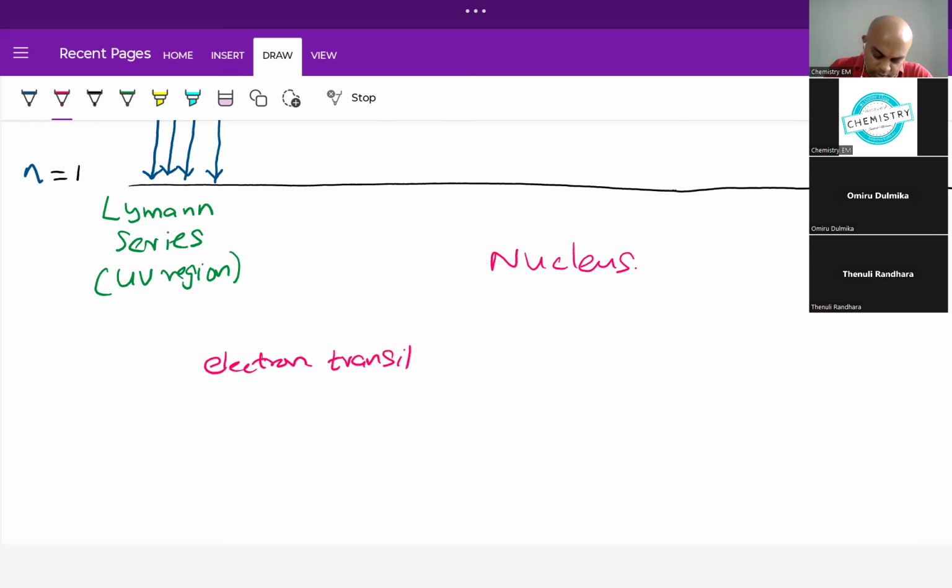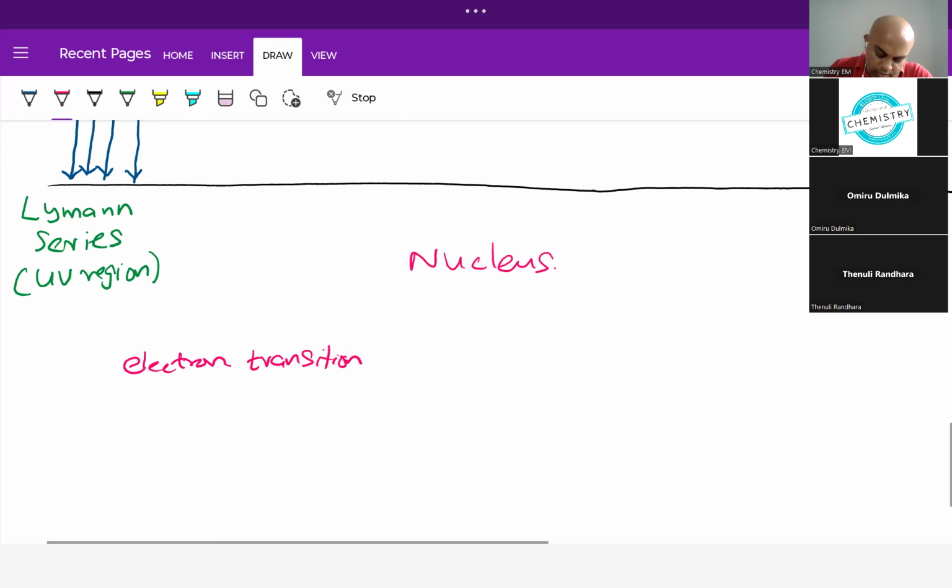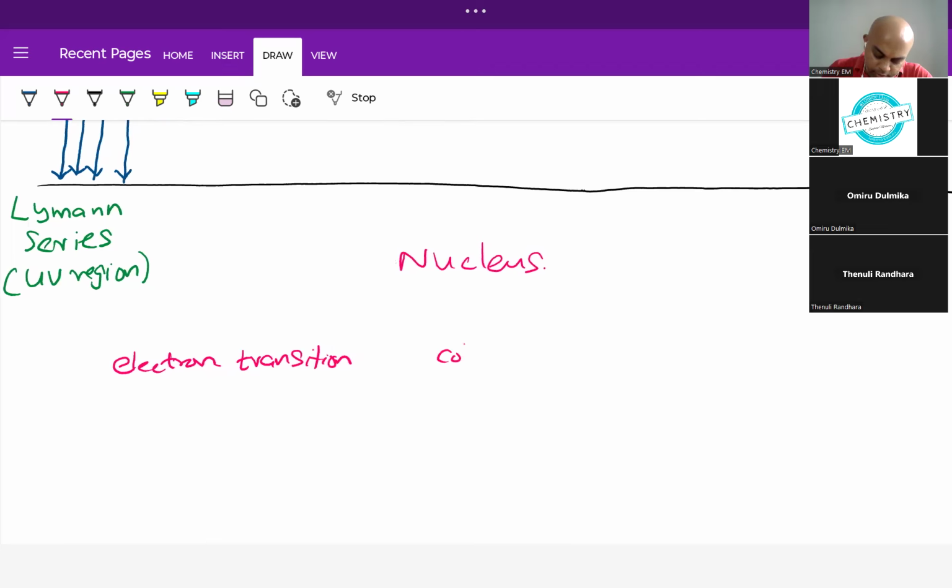So write down this table: electron transition, color, name. Electron transition n equals 3 to n equals 2. The color is red.